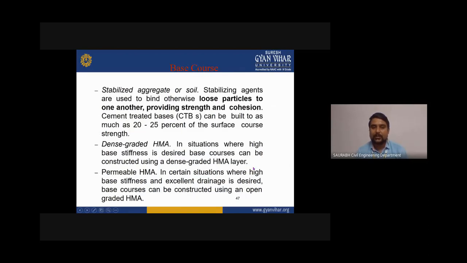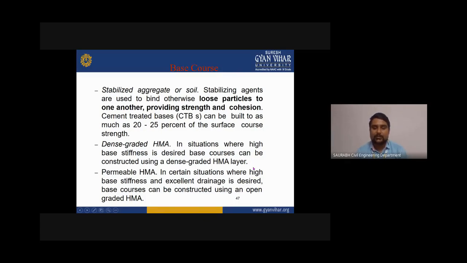Stabilized aggregate or soil: stabilizing agents are used to bind otherwise loose particles to one another, providing strength and cohesion. Cement treated base course can be built to as much as 20 to 25% of the surface course strength.